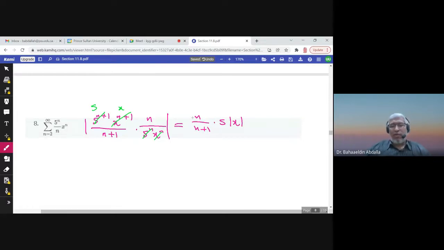The limit of this is 1 when n goes to infinity, so this will go to 5 times absolute value of x.